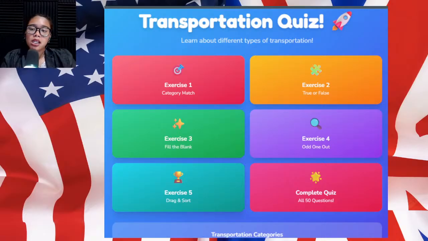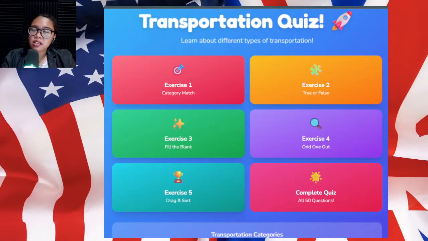Remember that after the transportation exercises, we are going to continue with another topic. What do you think our topic will be? Let's go back to the topics we did.